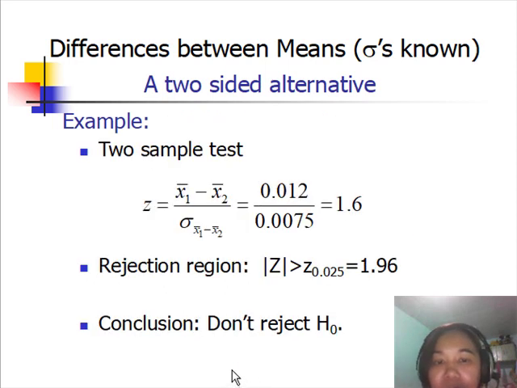Okay, so this is the other way of calculating the z value. You simply get the difference. We do not have here minus delta because delta is already set to 0. Take note that the difference between the sample means is 0.012.